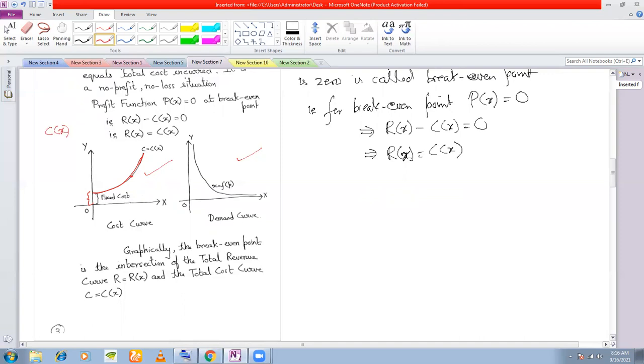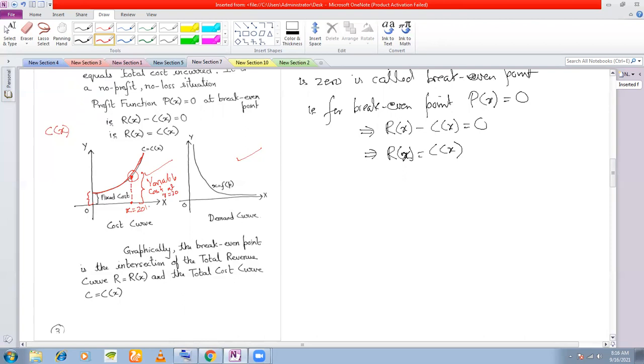For example, if you want to find out the variable cost at, say, x is equal to 20, then you draw an ordinate here. The y coordinate of this point, that means this length here, will give you the variable cost at x is equal to 20 units.